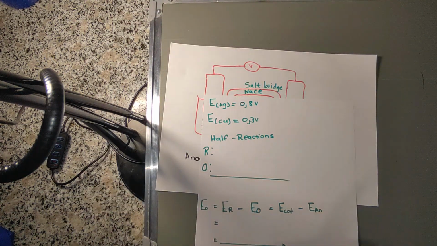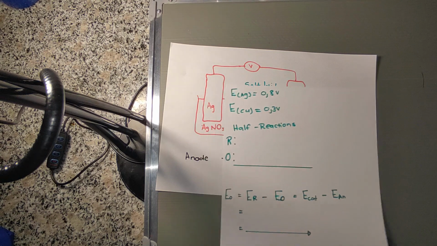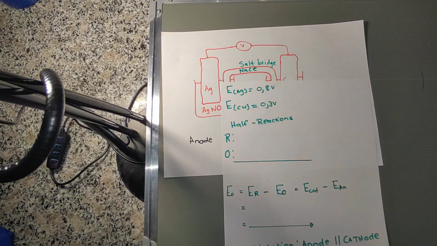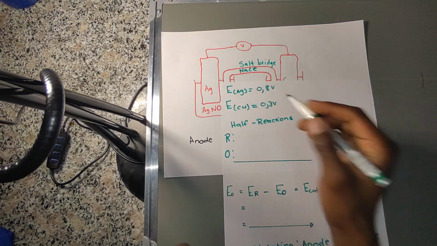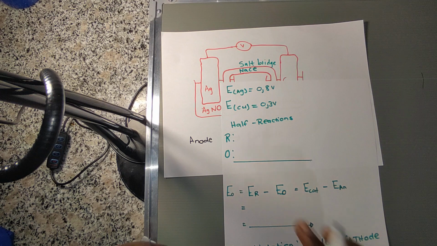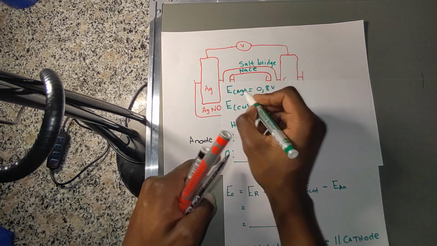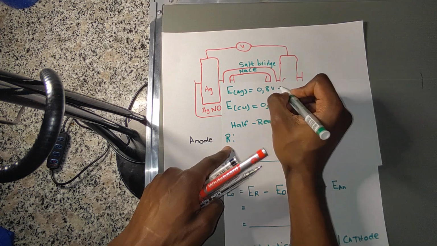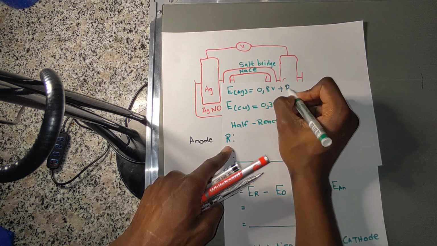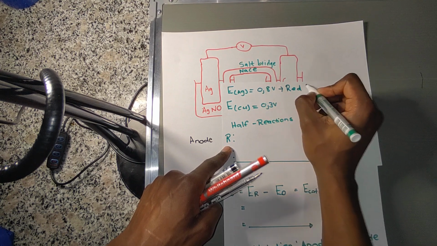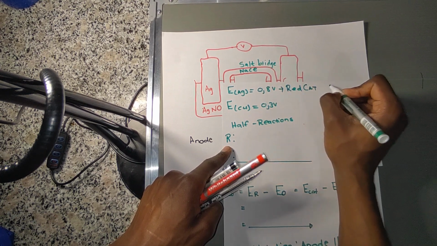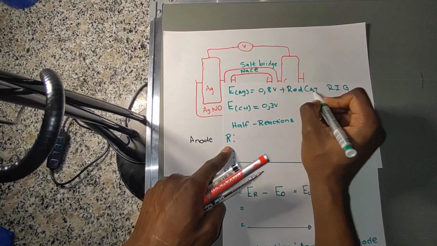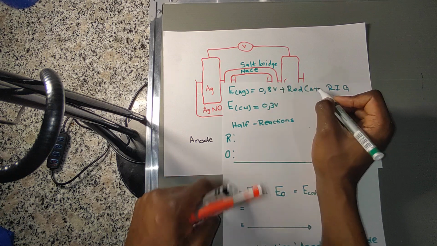Now, we're simply comparing here silver and copper. So on the standard potential table that I just showed you, you're going to find these values for silver and copper. So we said the bigger value will always be reduction. So we can see that silver has a bigger standard potential. So this is undergoing reduction. So let me just write red cat, and also write rig, because this defines reduction and we know the electrode that is present here.